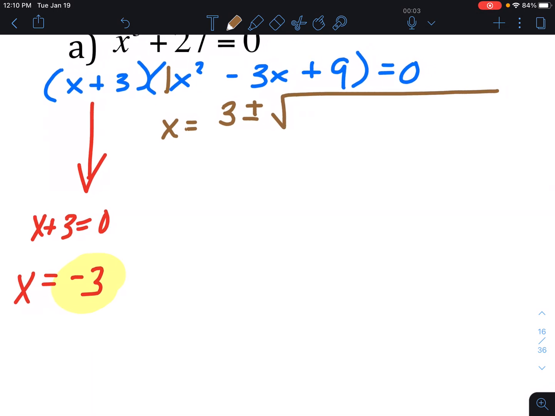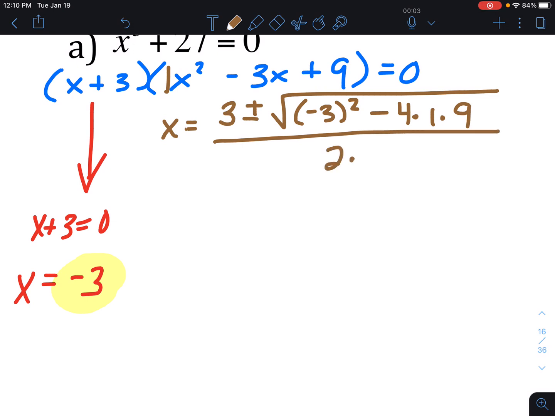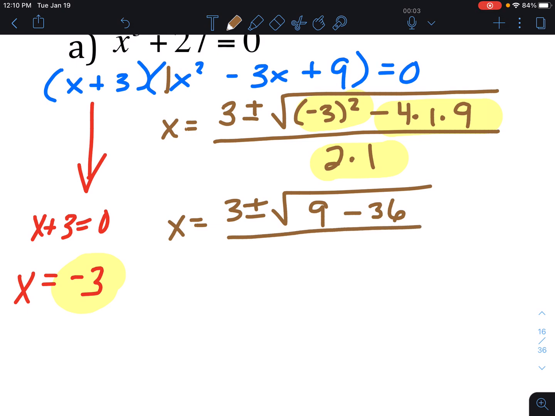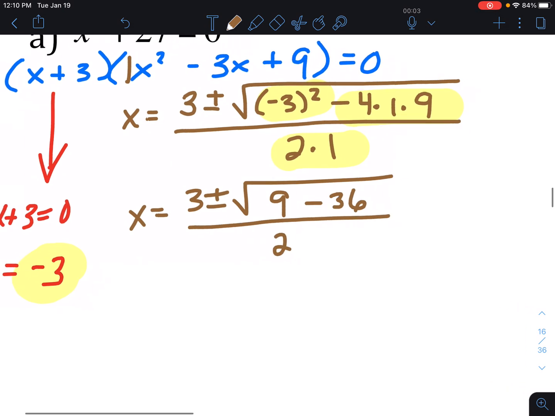So then we have b squared minus 4 times a times c divided by 2 times a. So remember our steps: multiply, multiply, multiply. Negative 3 squared will be 9. Negative 4 times 1 times 9 will be negative 36. Divided by 2 times 1 is 2.